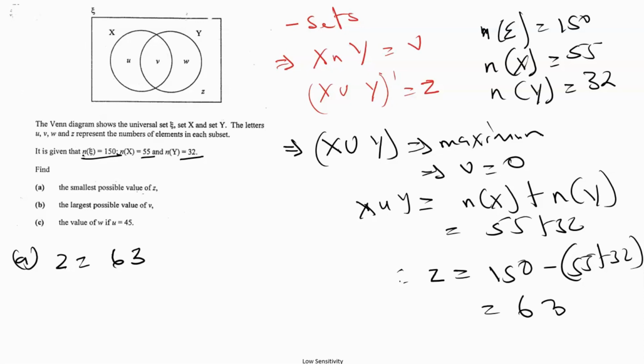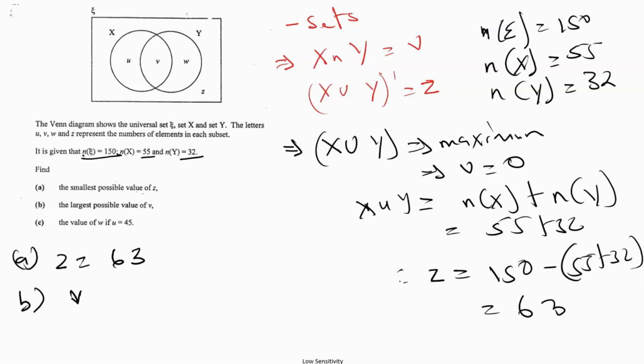Then the second question says the largest possible value of V, right? So we know that in order to get the largest value of V, so this is the second question.